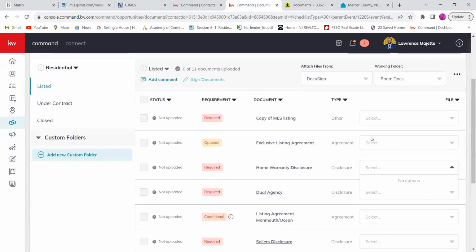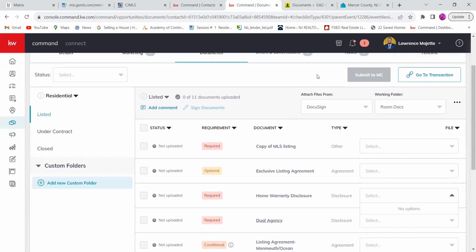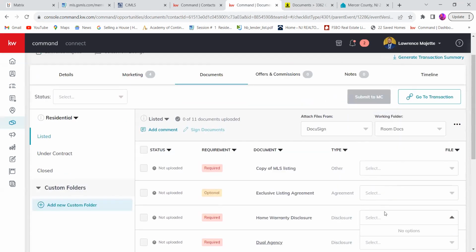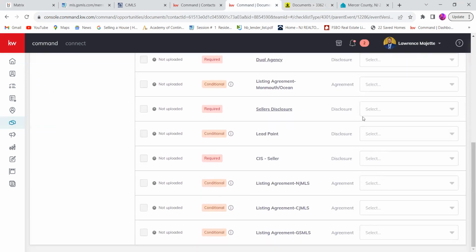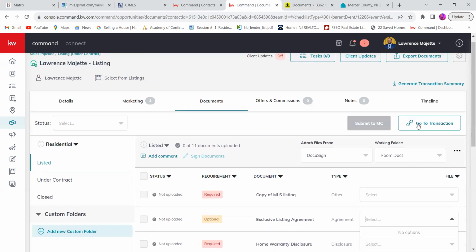But everything pops up for you here once you start going down the list, because it's going to take everything from your DocuSign room and bring it right over here and put everything right down here. So you're able to just put everything here, and then you're going to hit submit to MC. And this is going to submit all your documents to the Market Center. Cool?